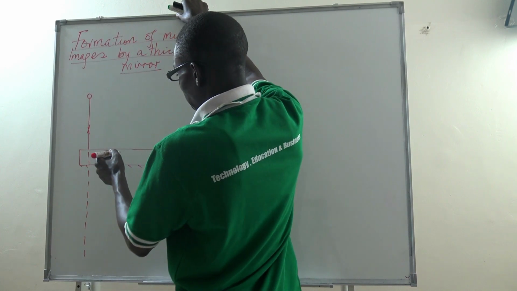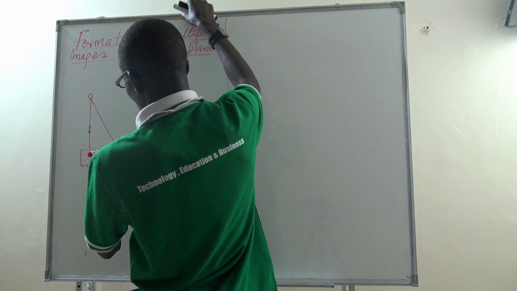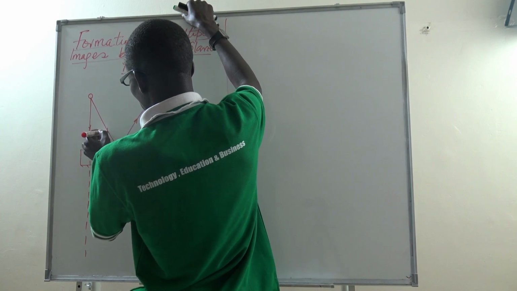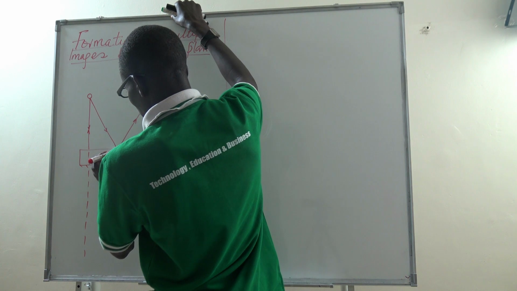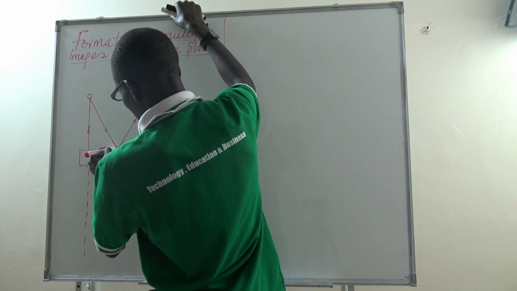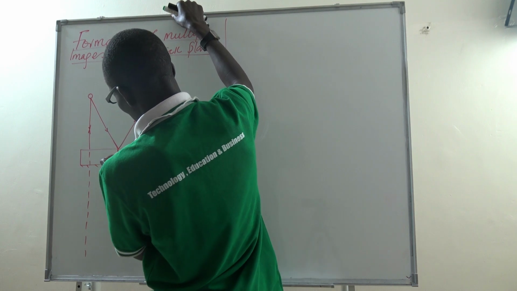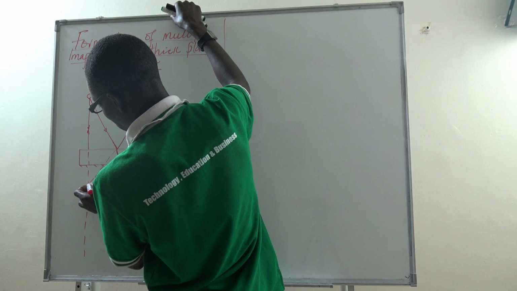And now we are looking at a ray which is incident here; that ray will be reflected in this other direction. If it is reflected, part of it is transmitted here in a different direction, not in a straight line. Okay? And now this one, if it is reflected, it appears to be coming from this other point here.